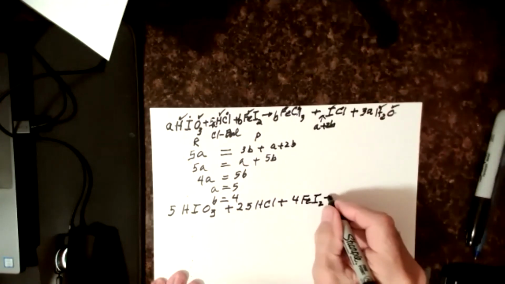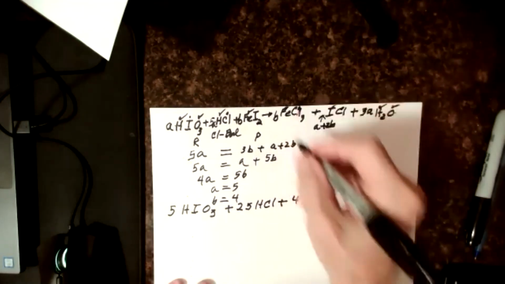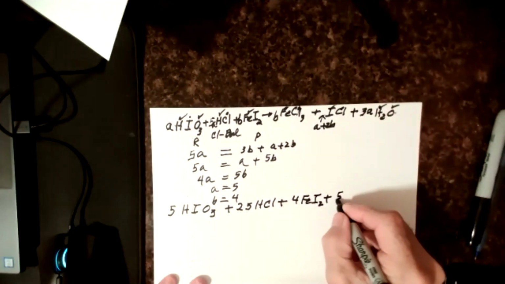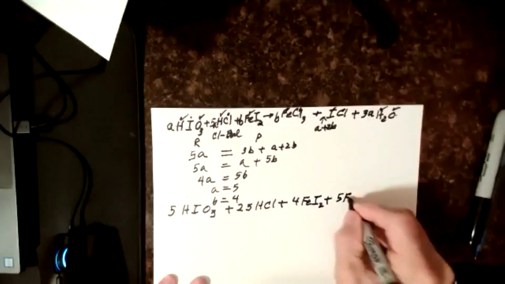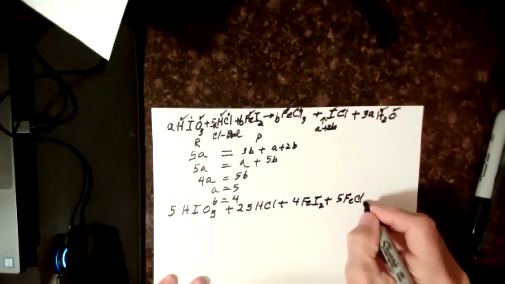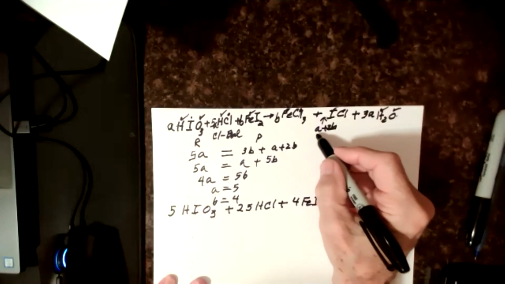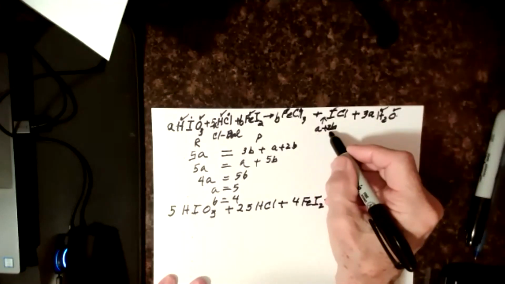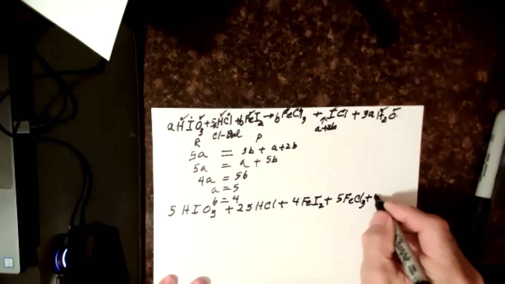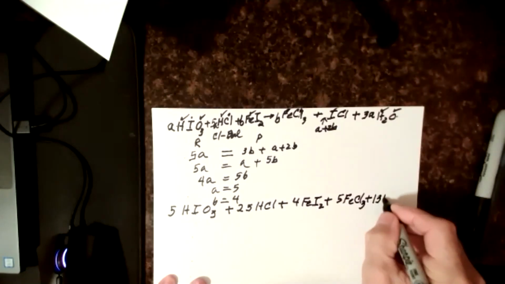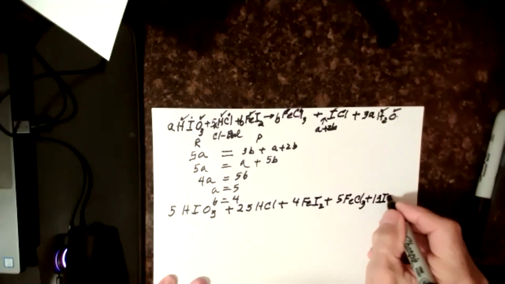FeI2, and B is 5 FeCl3, and let's see, 5 plus 2 times 4 is 8. 8 and 5 is 13. 13 ICl.